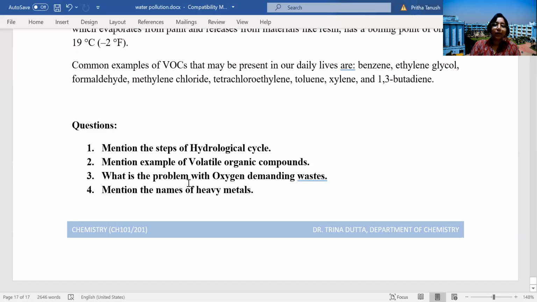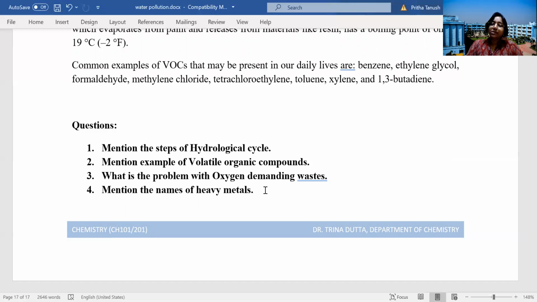What is the problem with oxygen demanding waste? You have to give the reaction of how organic matter reacts with oxygen in the presence of microorganisms. You will write the products: CO2 plus H2O plus new cells of bacteria plus nitrate, sulfate, phosphate, different salts.